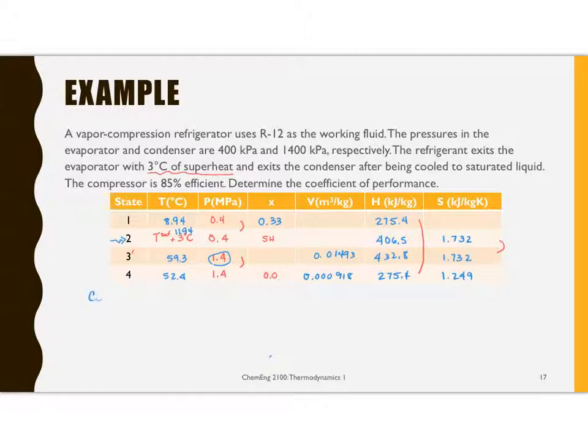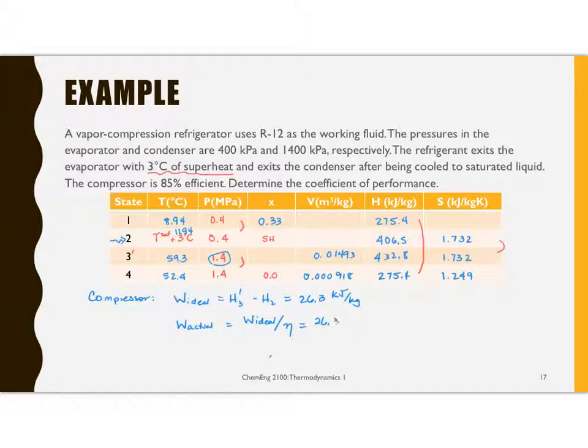But if I analyze my compressor, the ideal work is going to be H3 prime minus H2. 432.8 minus 406.5 is 26.3 kilojoules per kilogram. And therefore, the actual work for the compressor is the ideal divided by the process efficiency.